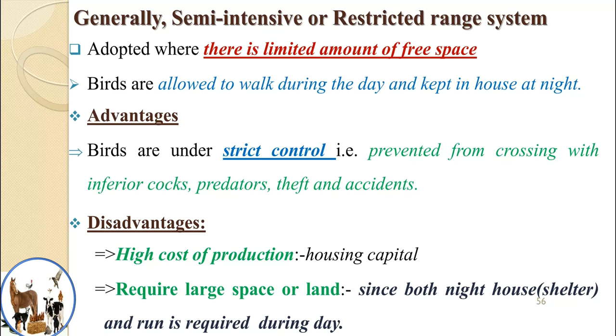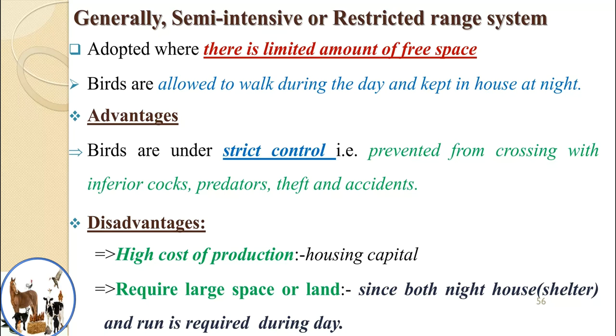And generally, the semi-intensive or restricted range system is adopted where there is a limited amount of free space, and the birds are allowed to walk during the day and kept in the house at night. The advantage of this system is that birds are under strict control.